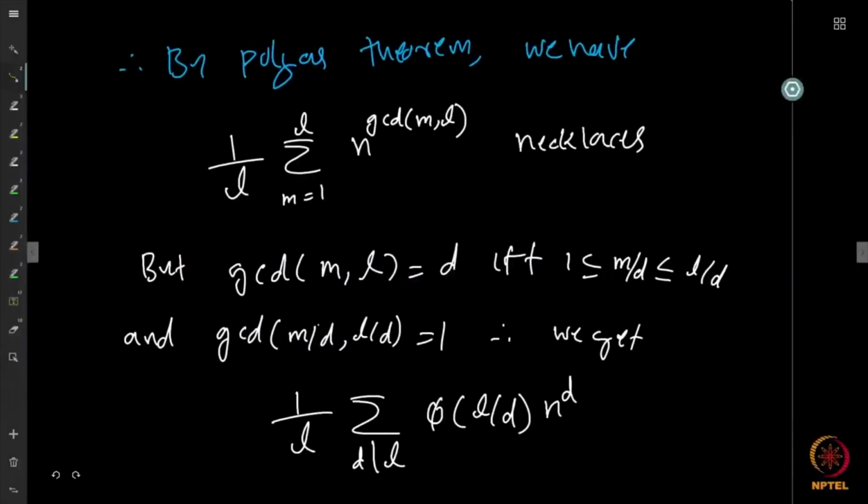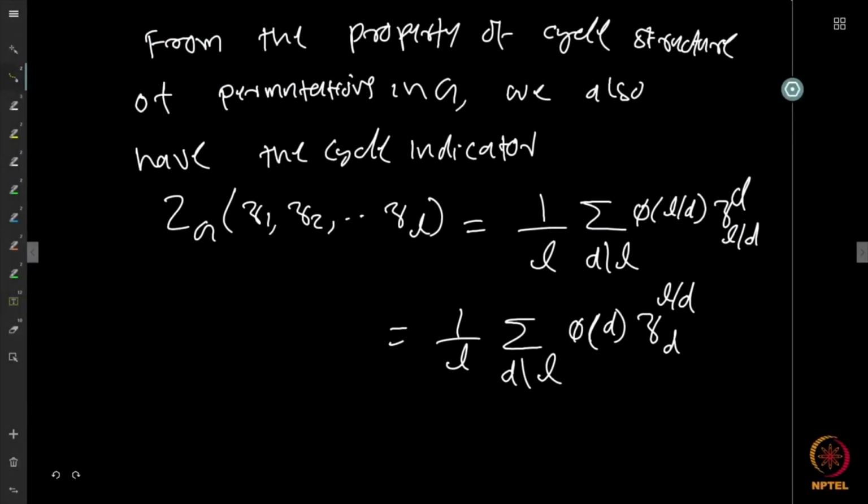Now, as a further observation, for the property of the cycle structure of the permutations in G, we have the cycle indicator ZG of Z1, Z2, etc., ZL, written as 1 over L summation D dividing L, phi of L by D, Z of L by D whole raised to D, right?